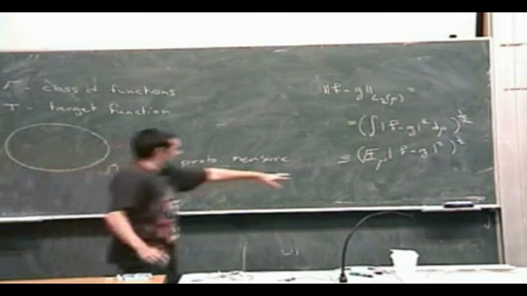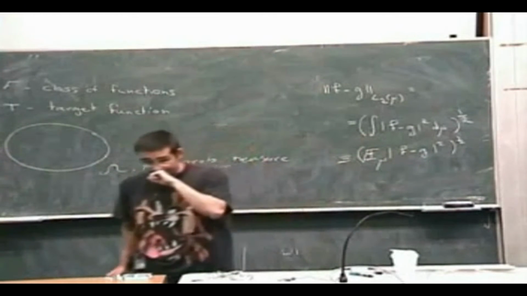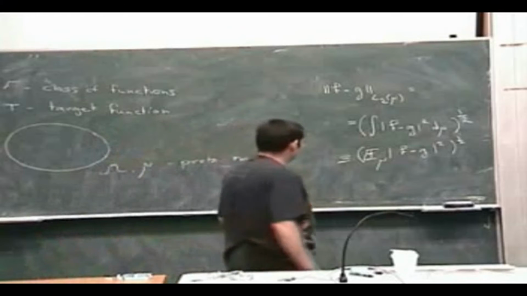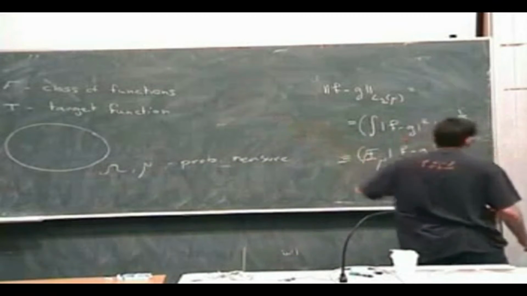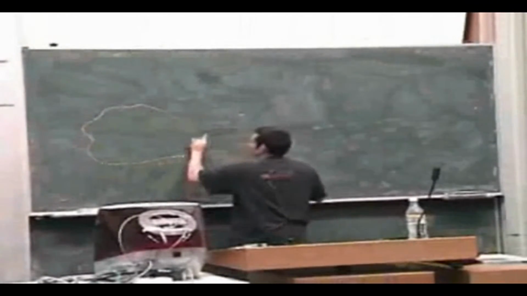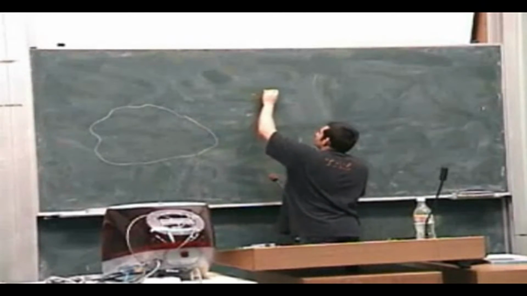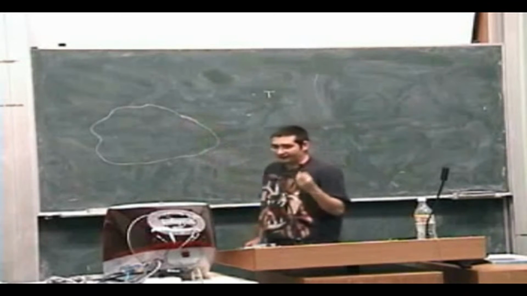So the norm of T minus P_G of T in L2(mu) is always less than or equal to the norm of T minus g in L2(mu) for every g in G.